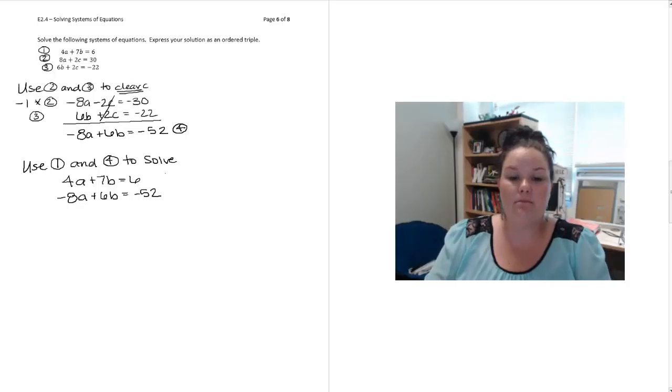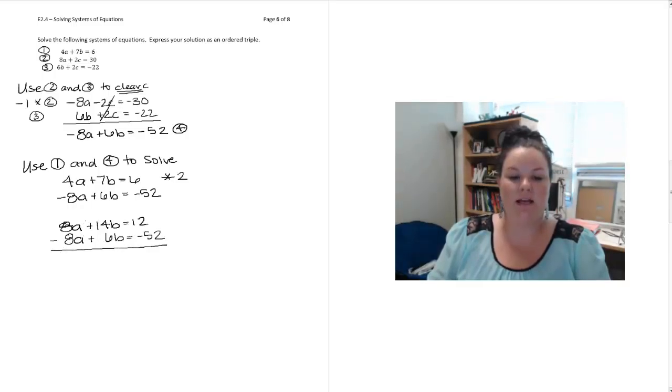So I'm going to go ahead and multiply equation number 1 here by a positive 2. And that will give me positive 8a plus 14b equals 12. And then our fourth equation can stay the same. Negative 8a plus 6b equals negative 52.